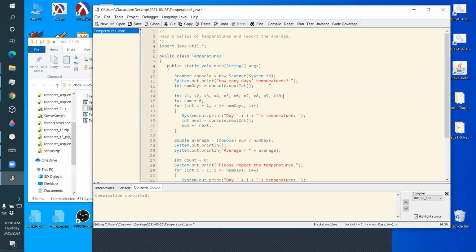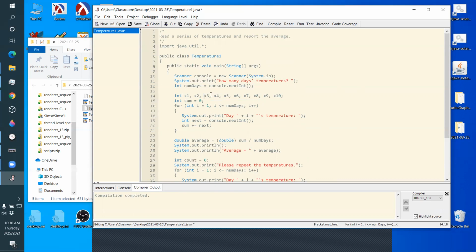So this is not a good solution because I'd have to know ahead of time how many of these variables I need. Also, in a for loop, I can't loop on the name of a variable. In this for loop, there'd be no way to talk about the 4th one of these variables.